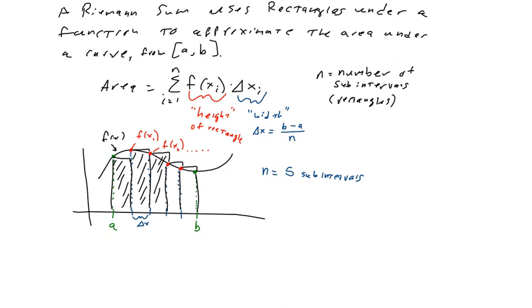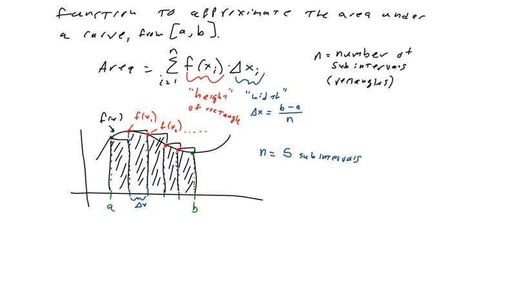Each of these has a different f of x, a different height. The widths are the same though. They all have different heights. So sometimes you get a little bit that's missing. Sometimes you're a little bit off because you're a little low.